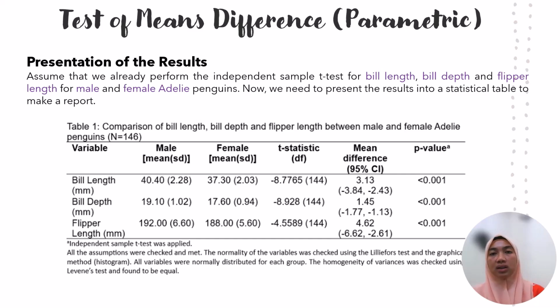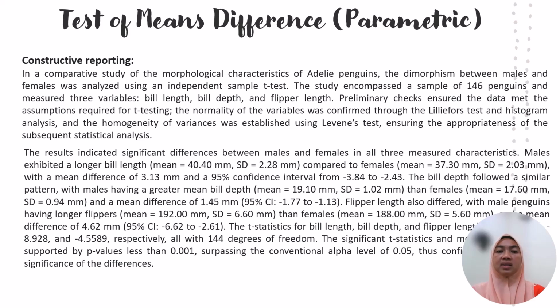So how do we turn the statistical table into your report? You can see you need to write the variable, what is your variable, and the male and female mean and standard deviation, the t statistic, the mean difference, and also the p-value. This is how the constructive reporting looks.